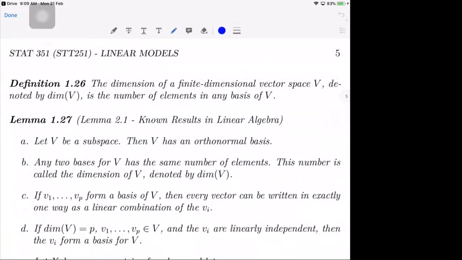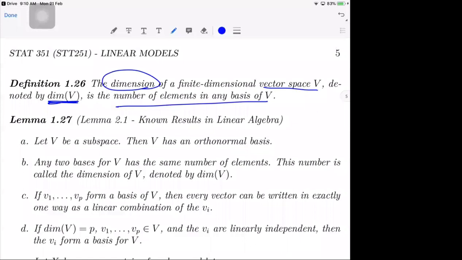Another term is the dimension of a vector space V, which we denote by dim V. This will be the number of elements in any basis of V. So the dimension of V is the number of elements of the basis.